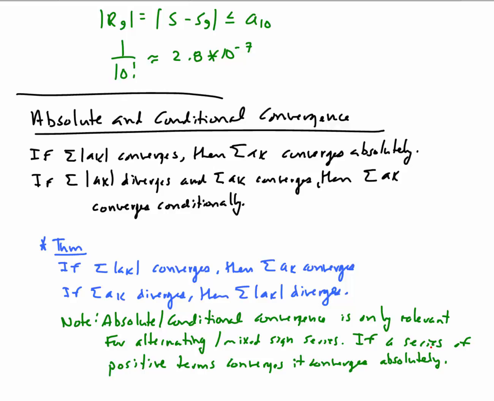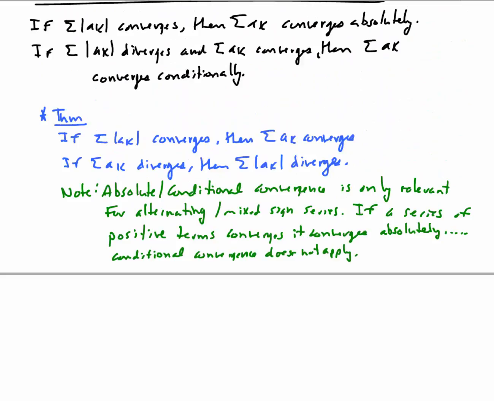And then conditional convergence doesn't even apply, meaning I don't need to check for it. I don't even need to refer to it. It doesn't even make sense because if it's all positive terms, if I take its absolute value, I get the same series back.